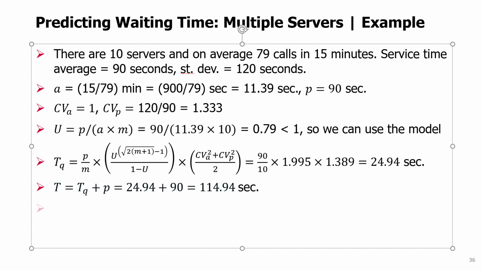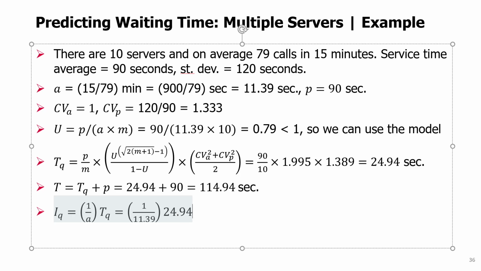And the same way we can calculate the inventory, the number of customers waiting, which will be TQ multiplied by the flow rate, which is 1 over A. So we can calculate this as 1 over 11.39 times TQ, which we calculated as 24.94.